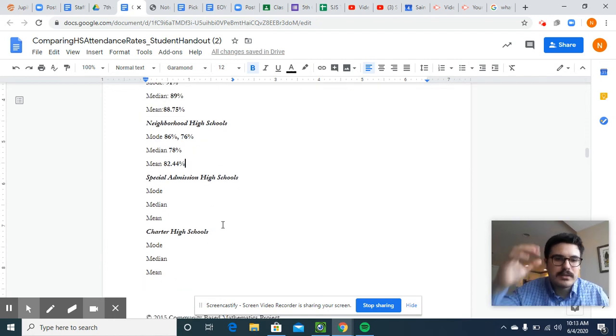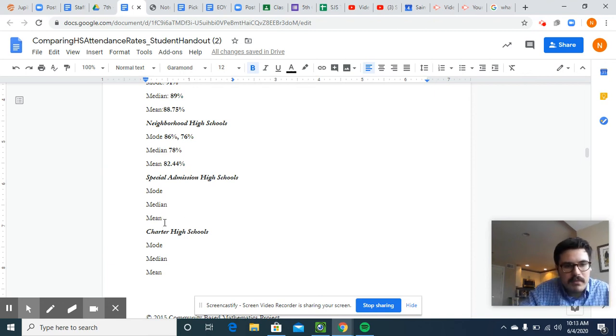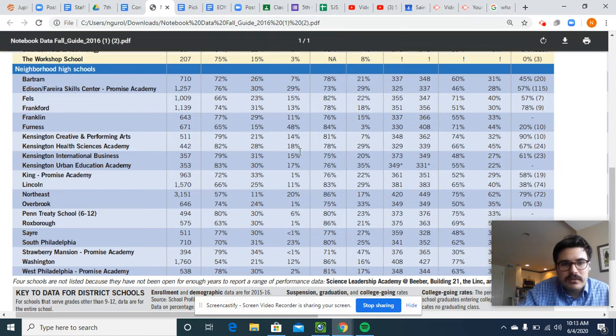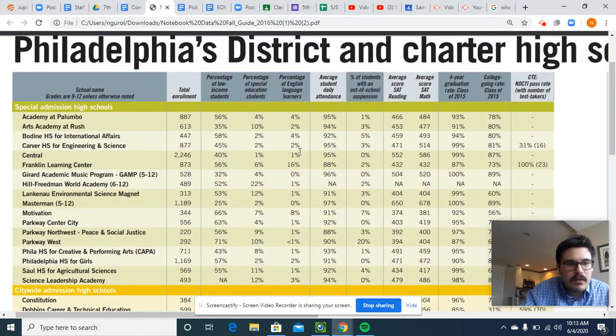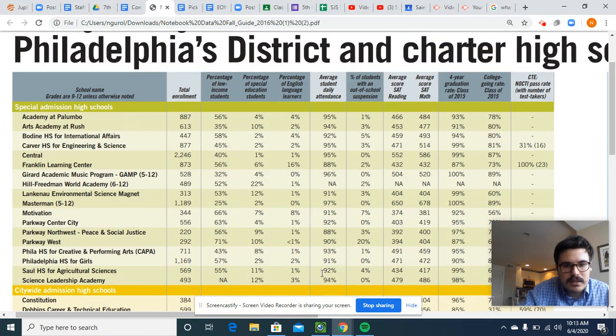All right, what I would like you to do is try to calculate the mode, median, and mean for special admission high schools and charter high schools. Where do I find that data? Special admission high schools are right here, you're using this data.